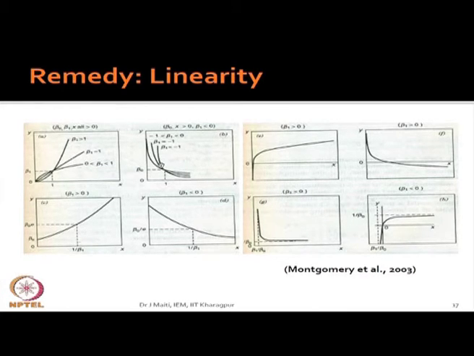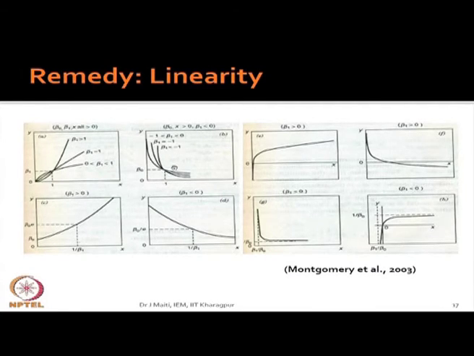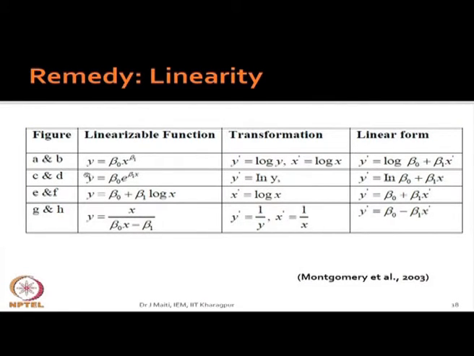From the bivariate scatter plot you will be able to find out what type of relationship you are getting. Suppose the relationship is like the first one, then for A and B the transformation is y dash equal to log y and x dash equal to log x.